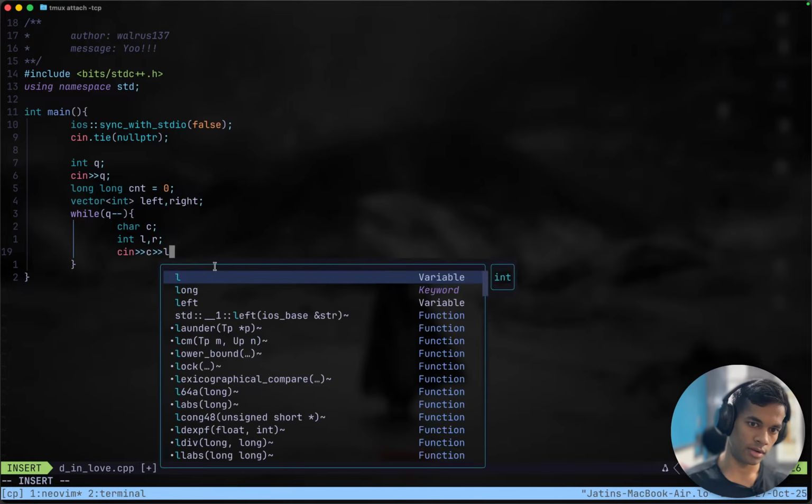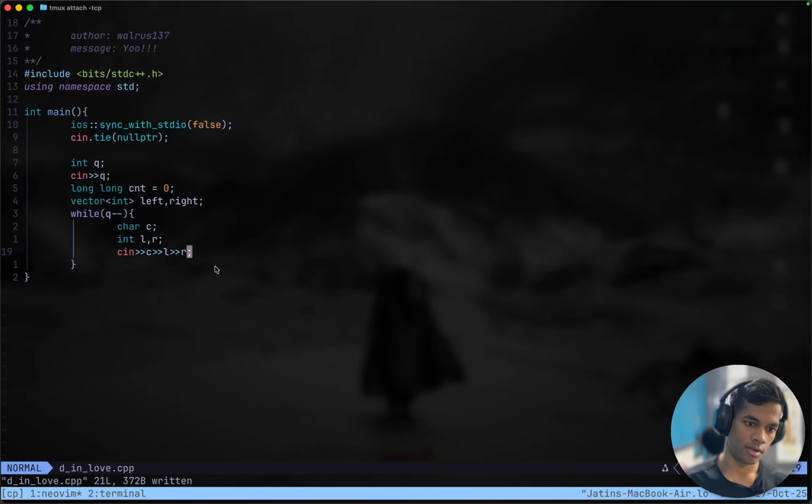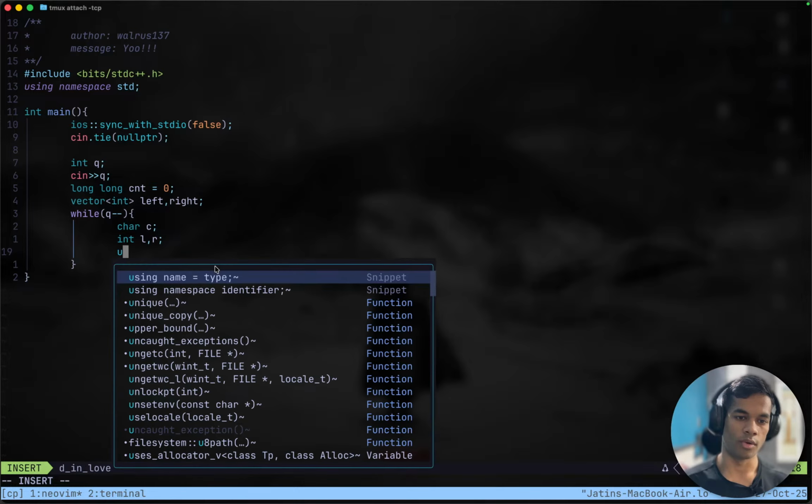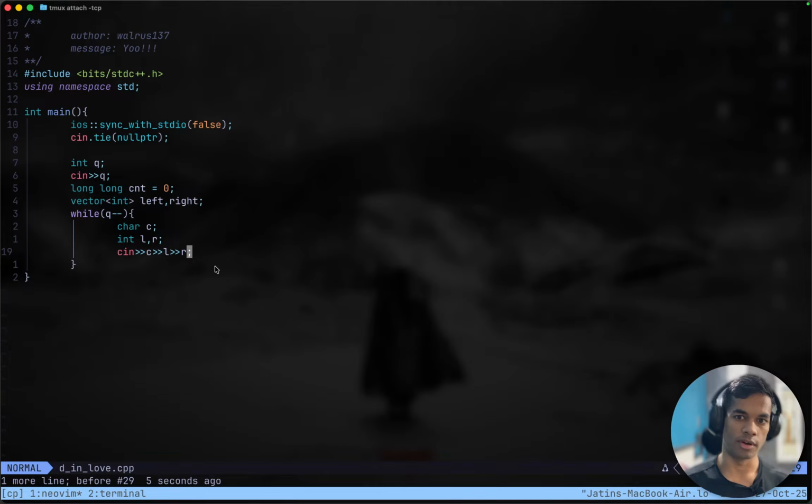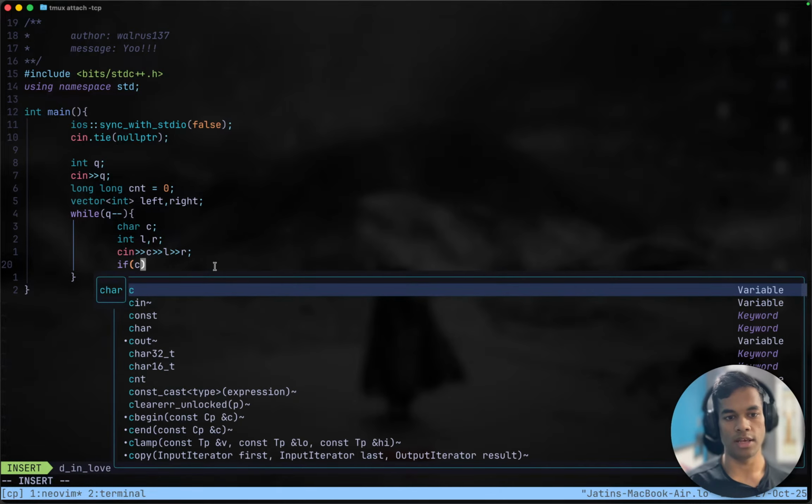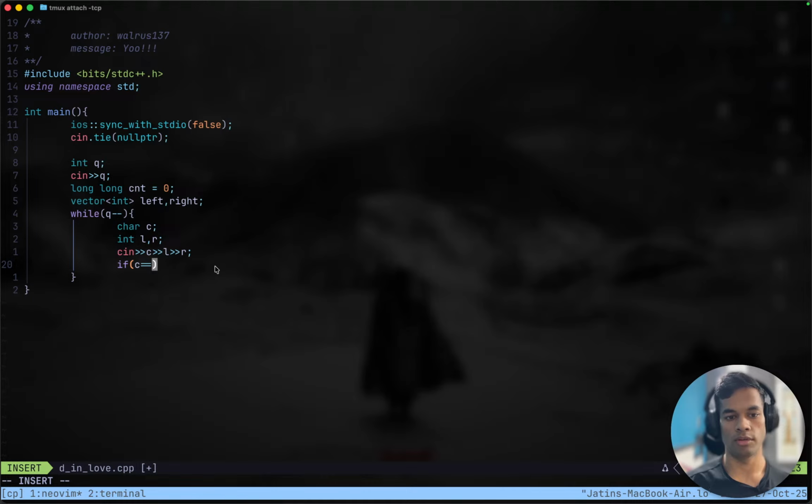So I think we can even use this. Wait, no, we can do this. This will work. The first value will go to C, then the first number in the sequence will go to L, and the second number will go to R. Now if C equals plus, it means we are adding a new value, and count was initially equal to 0.